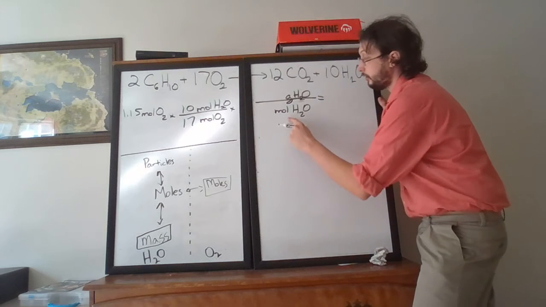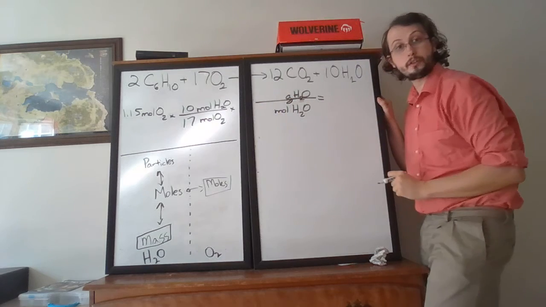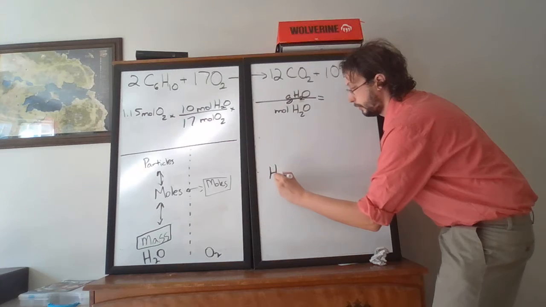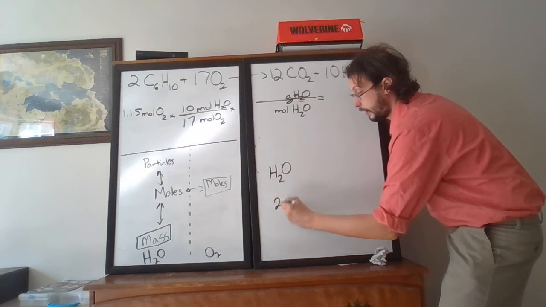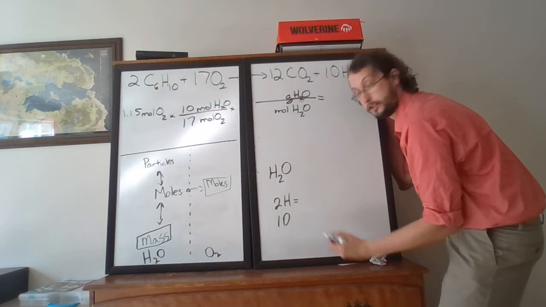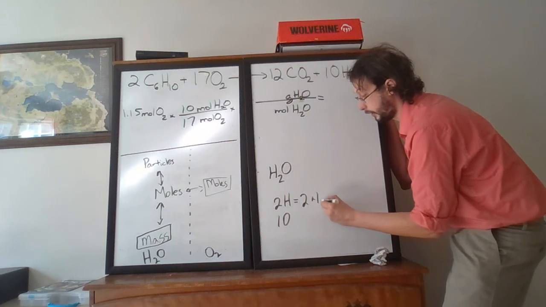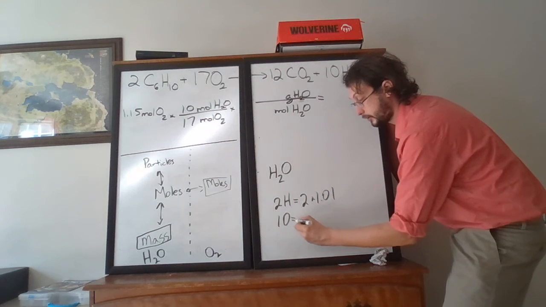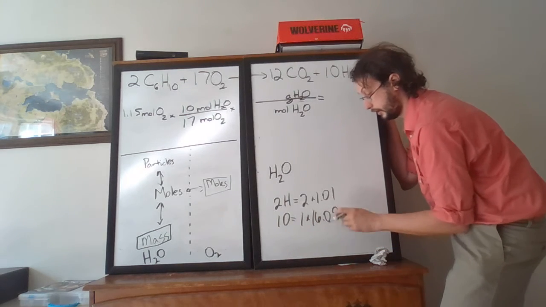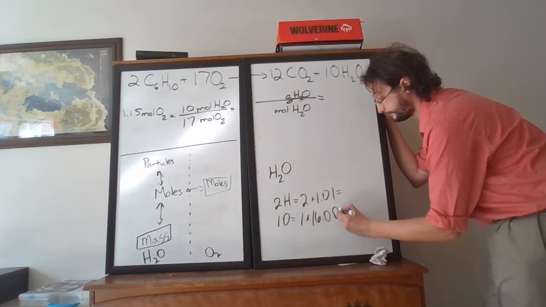So for water, we need to find the molar mass of water. Water's formula is H2O. That means we have 2 hydrogens and 1 oxygen. Each hydrogen has a molar mass of 1.01. Each oxygen has a molar mass of 16.